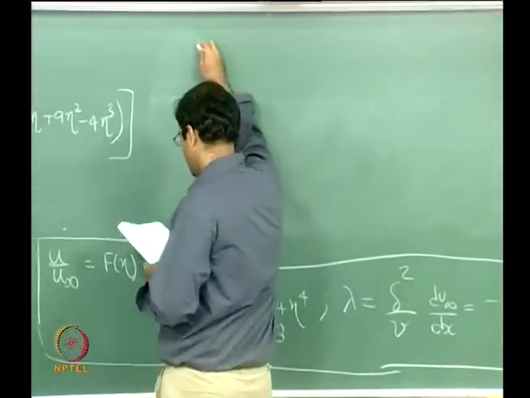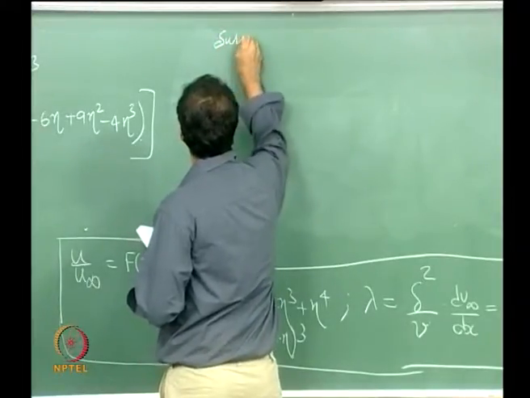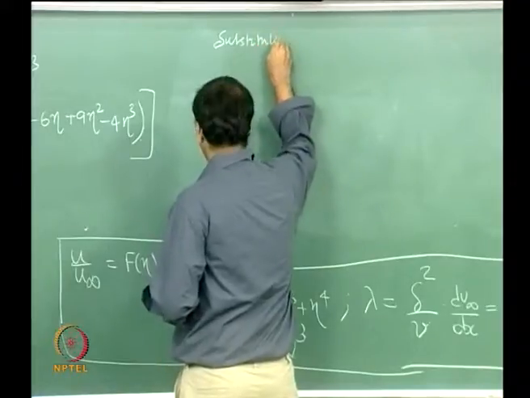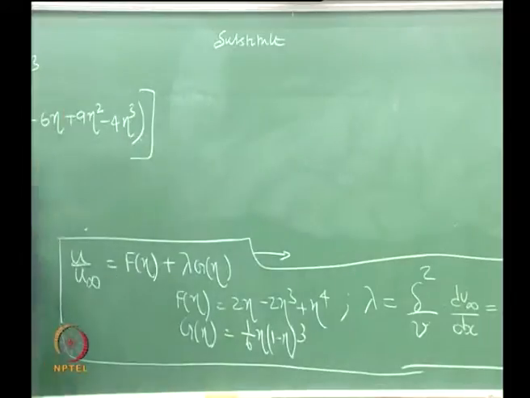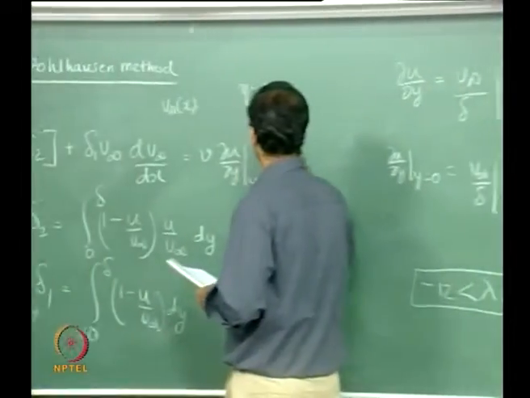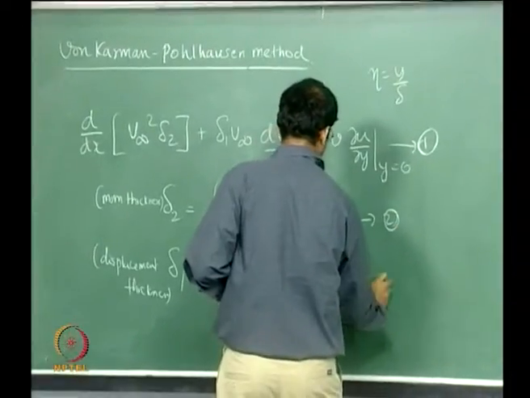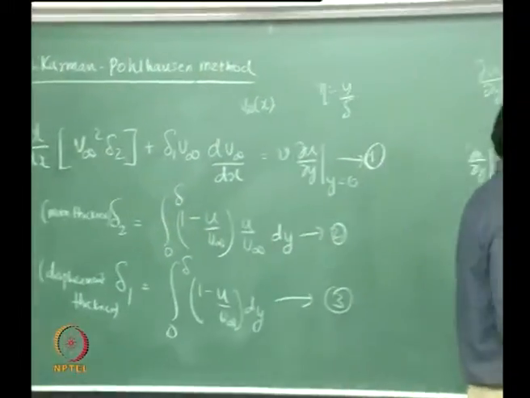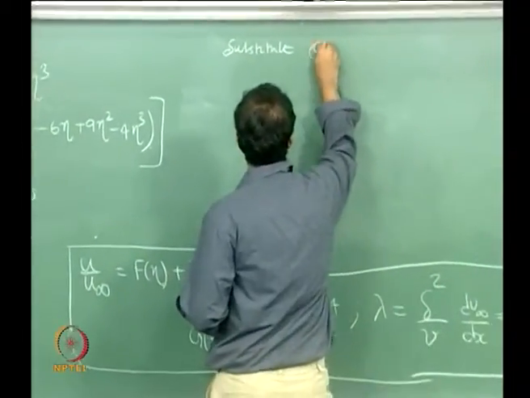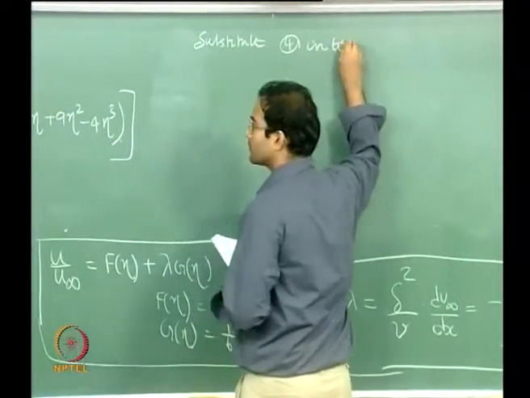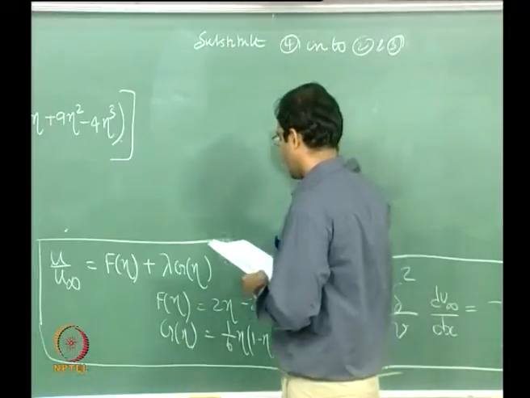So let me call this profile number 1, this is number 2, 3, and this profile is number 4. Substitute 4 into 2 and 3 and calculate your delta 1 and delta 2.